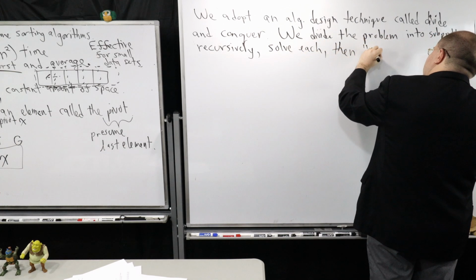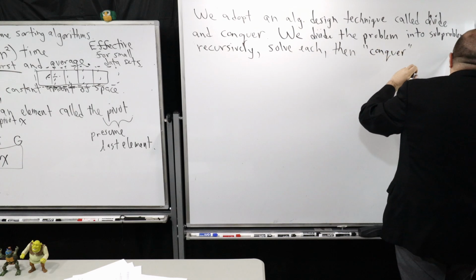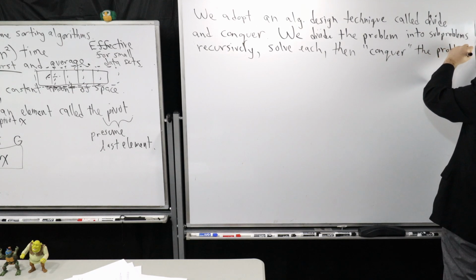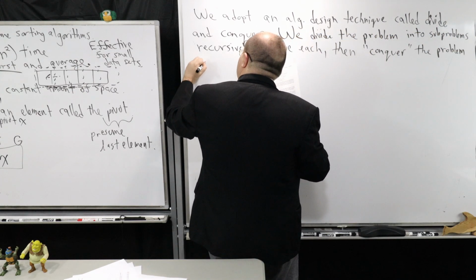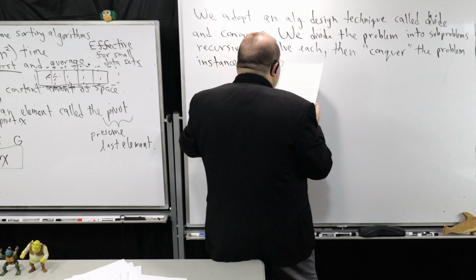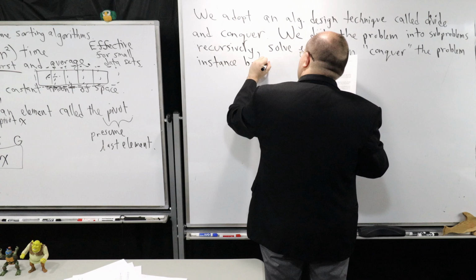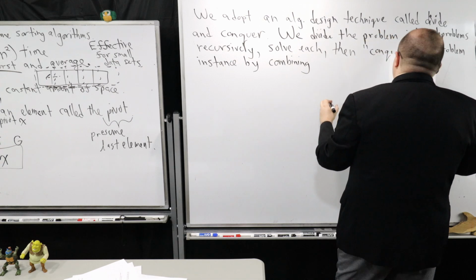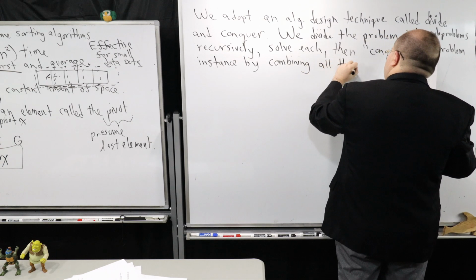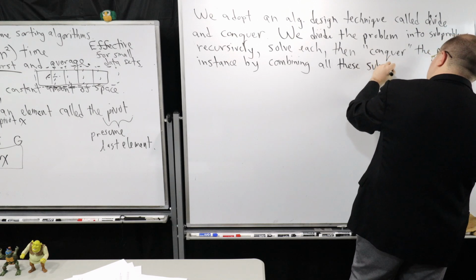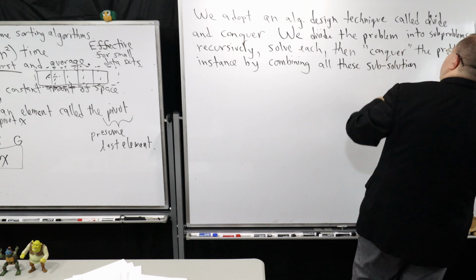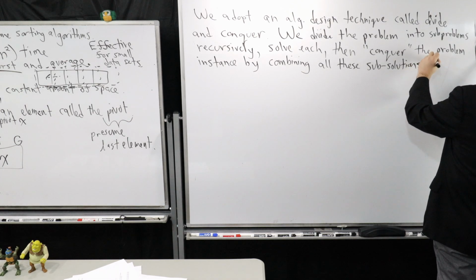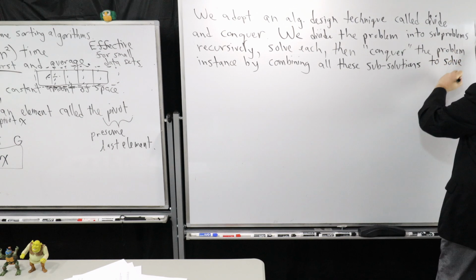Then conquer the problem instance by combining or putting together all these sub-solutions. So a sub-solution, just to be clear, is a solution to a sub-problem. All these sub-solutions to solve the overall problem.